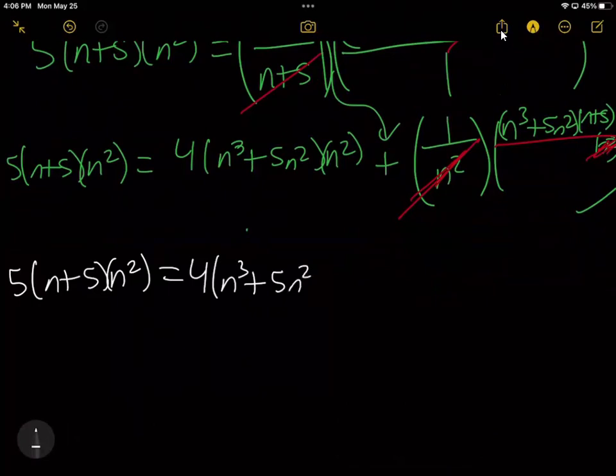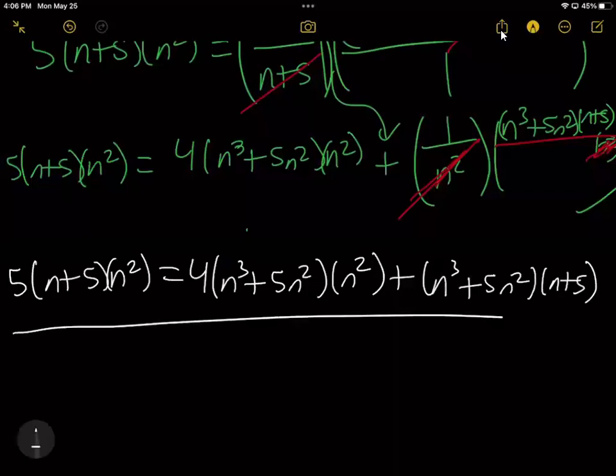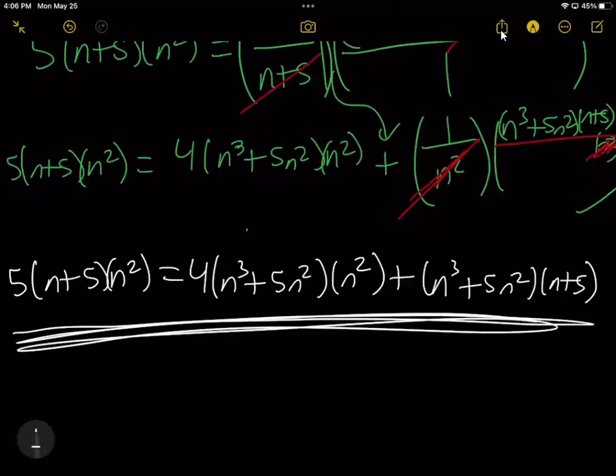Give me 1 second to write out this monstrosity. n squared. Ooh, we can now solve this.